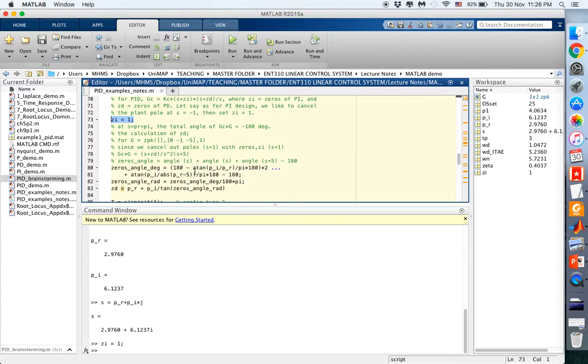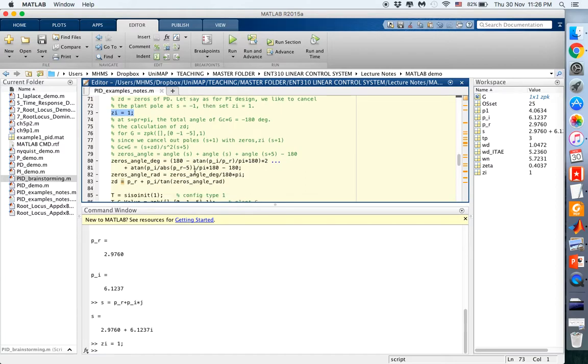From the equation, we need to have the total angle of zeros minus the total angle of poles equal to 180 degrees.